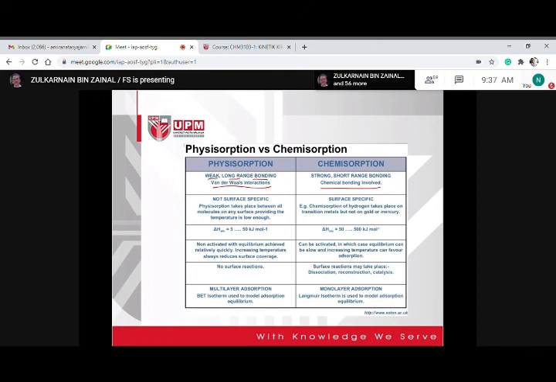Not surface specific versus surface specific. So it depends on what type of adsorption. Physisorption is not surface specific, meaning that the van der Waals interaction could occur between different types of surface. While for chemical adsorption, it only occurs between certain surfaces.